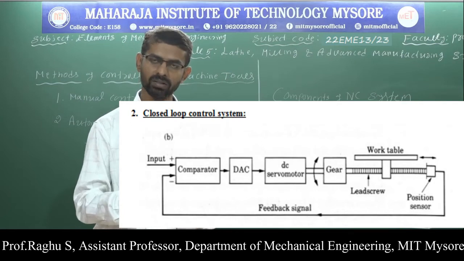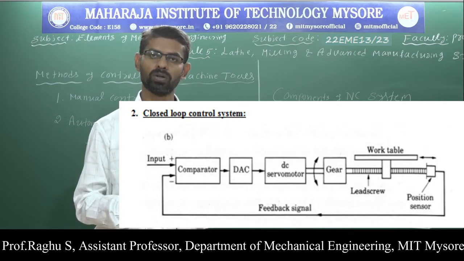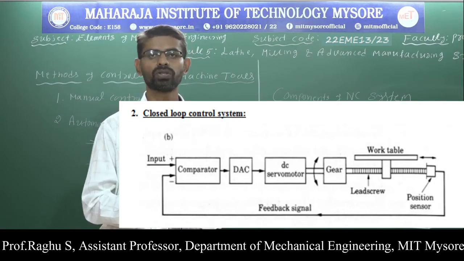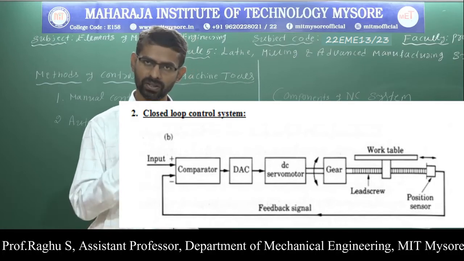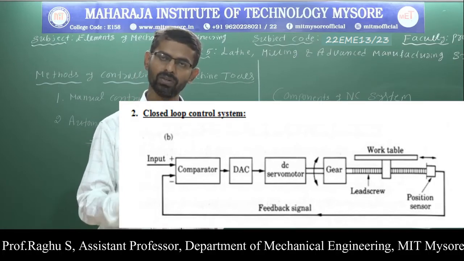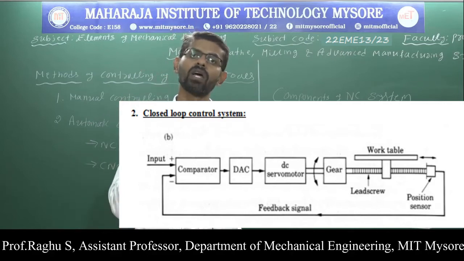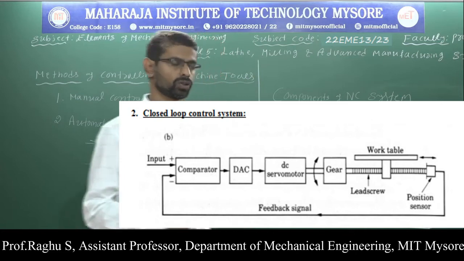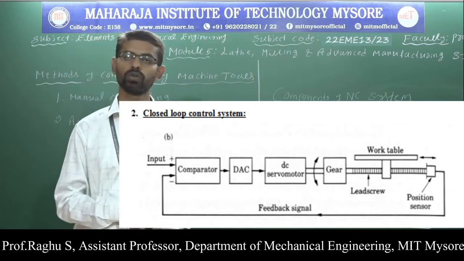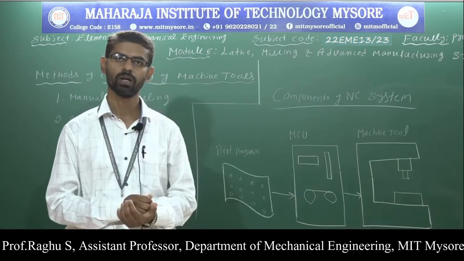If there is any error, then a signal is sent to the DC motor, which controls the position of the work table. Since we are using a feedback signal, it is possible to monitor the table position, and hence accurate machining takes place. So these are all about the control systems used in CNC machines.